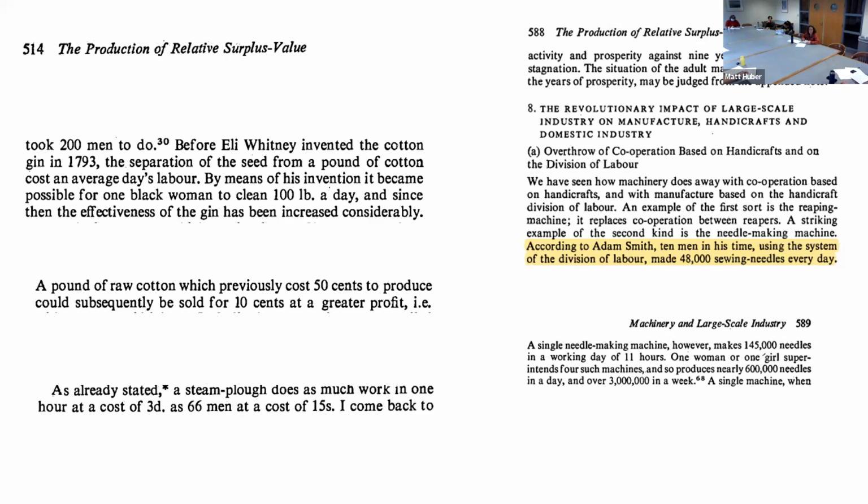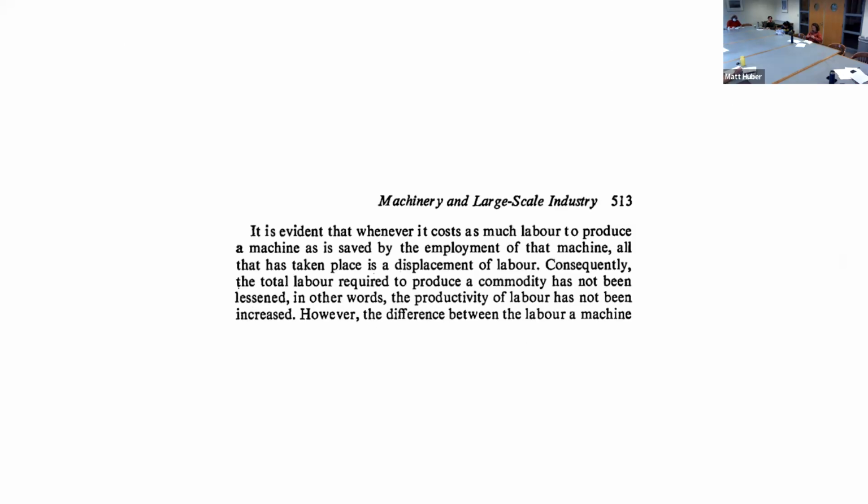So if you can produce, instead of 48,000 a day, 600,000 a day, that means each one you produce is going to be cheaper because it's absorbing that much less labor, that much more fixed capital and materials and so forth. So the whole section is about cheapening commodities through increasing labor productivity.